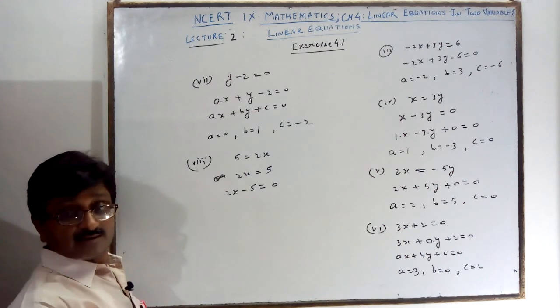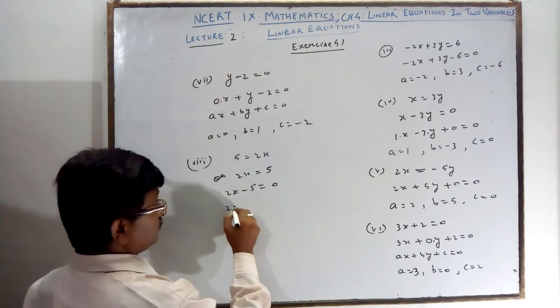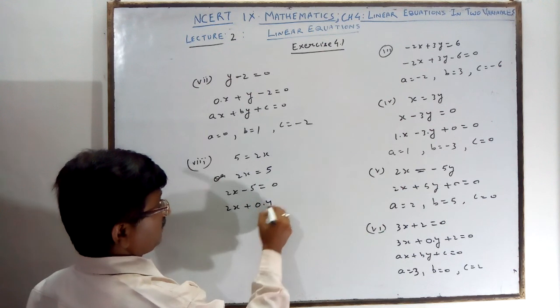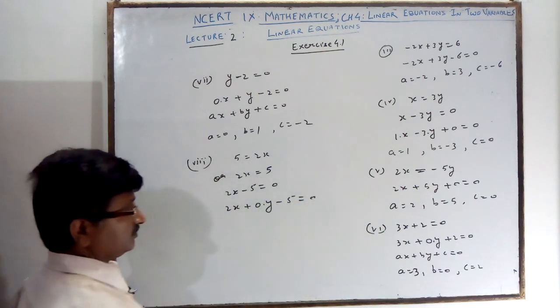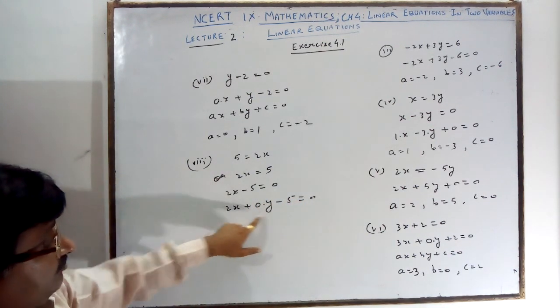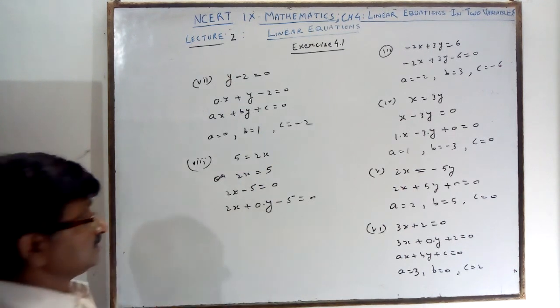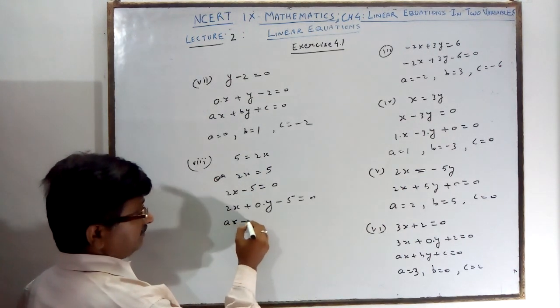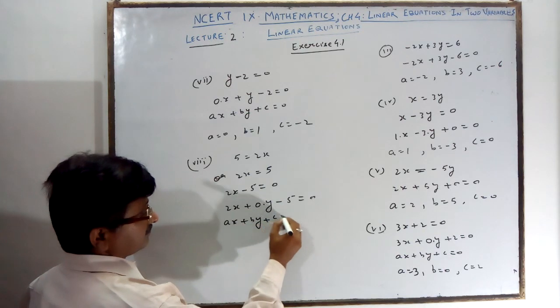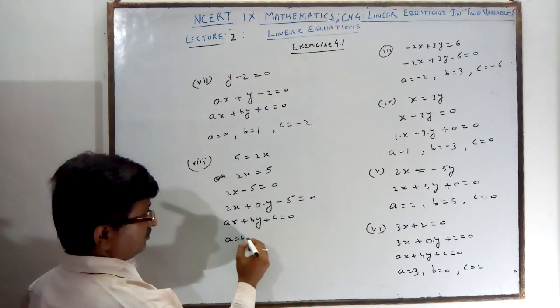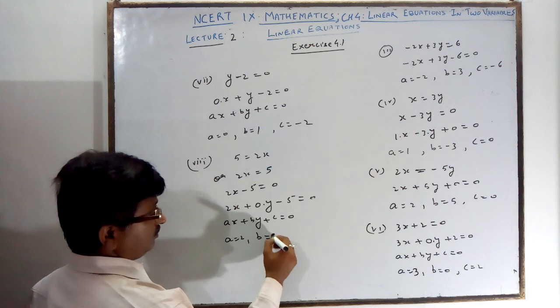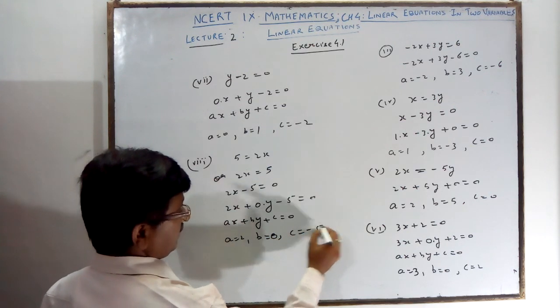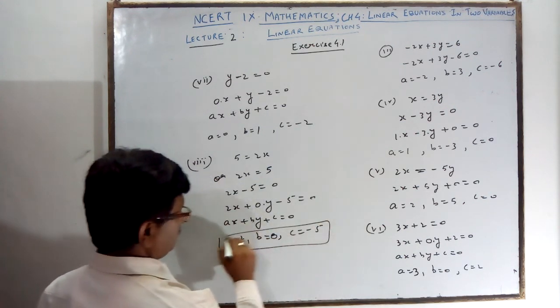Y is not here, so what will you do? 2x plus 0 into y minus 5 is equal to 0. Always the second place is y, first place x, third place constant. Compare with the standard. What is a? 2. What is b? 0. And what is c? Minus 5. So it is your answer.